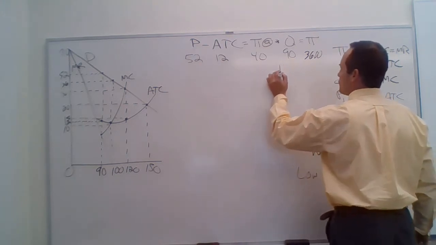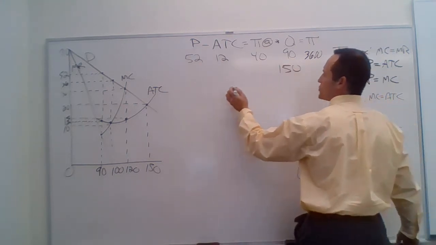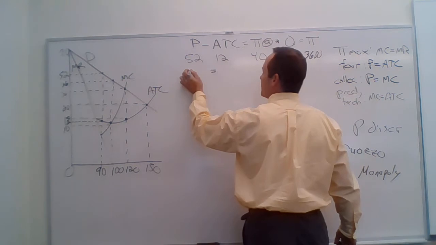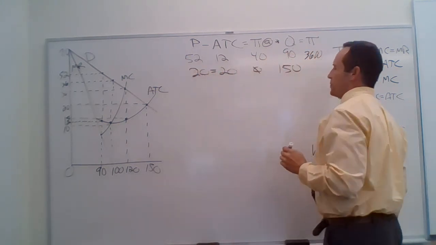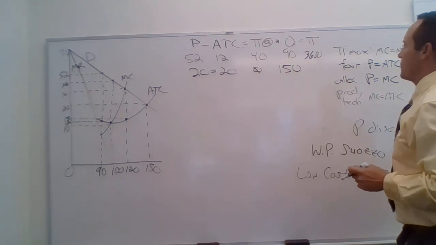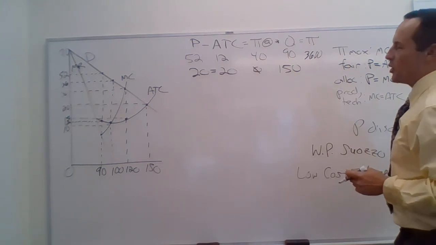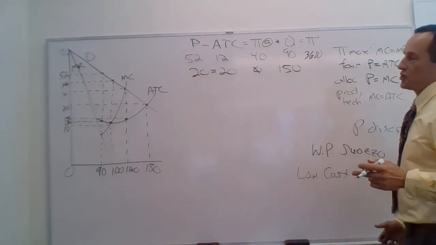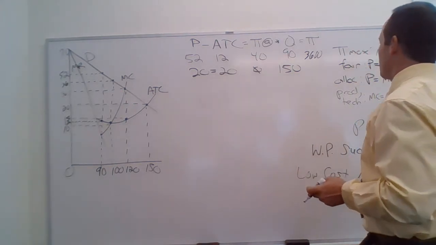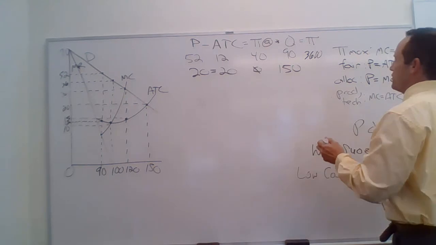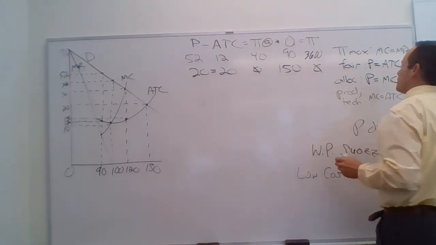At 150 units, both price and ATC equal $20. No profit apiece. So if a company knows that government's going to allow it to charge anything, then soon costs will become anything. So there isn't an efficiency incentive under fair return.